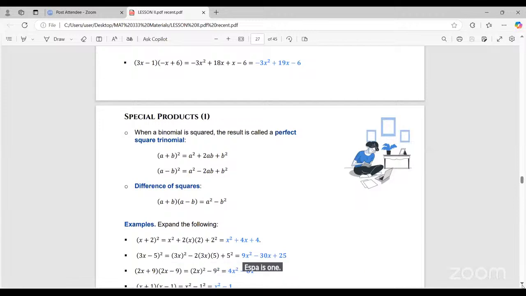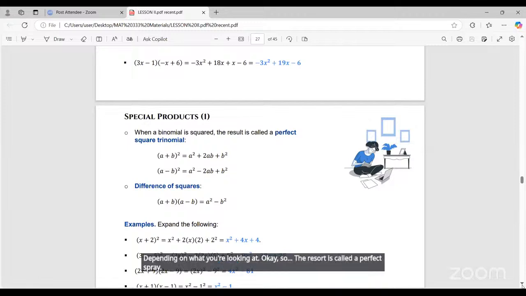Then you have a trinomial, then you have polynomials, which are of higher powers, depending on what you're looking at. Okay, so when a binomial is squared, the result is called a perfect square trinomial.